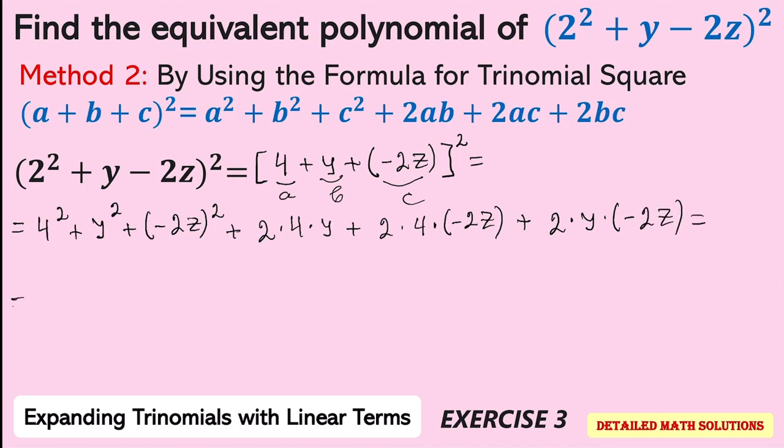And when I simplify further, I get 16 plus y squared plus 4z squared plus 8y minus 16z minus 4yz. As expected, this polynomial is the same that I found with method 1.